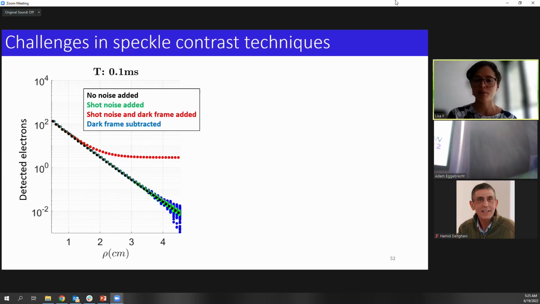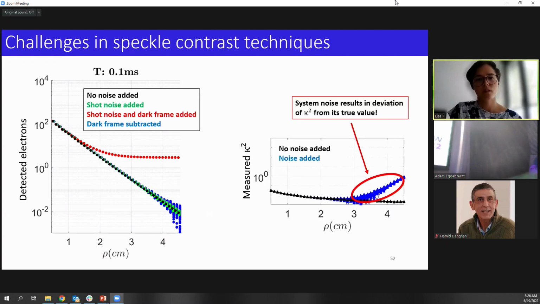So cameras typically all have shot noise, and they also have associated dark and readout noise, which all have their own distribution profiles. What that means is that if your signal is overwhelmed by your noise, you're no longer going to be able to accurately distinguish your standard deviation of speckle intensity nor your mean value of speckle intensity, which means that your kappa squared is affected.